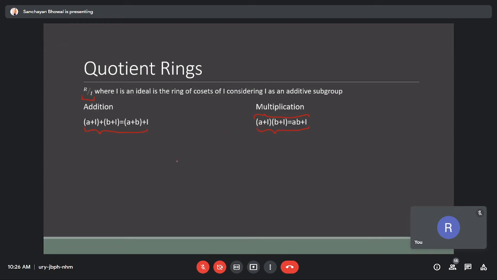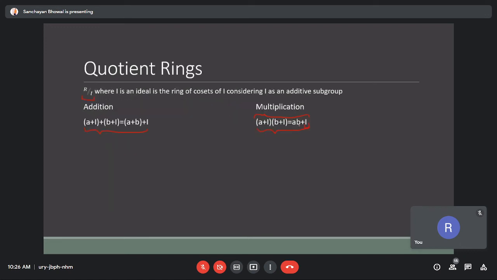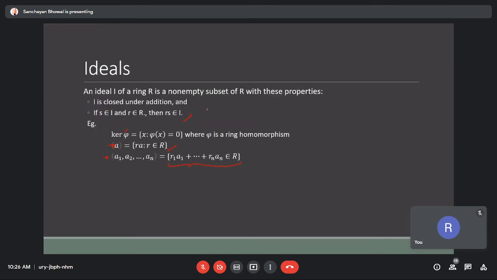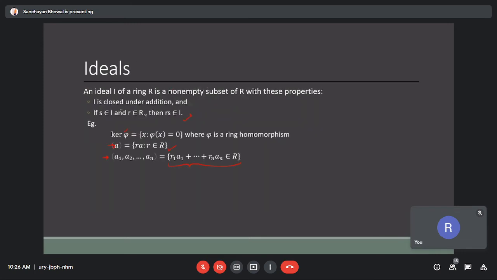I is a set, so I multiply it with all the elements of I. Now I need those elements to belong to I. So I define the ideal in this fashion, and we got this multiplication as its consequence. So that is why we needed this definition. Otherwise, we should have just gone with the additive subgroup.